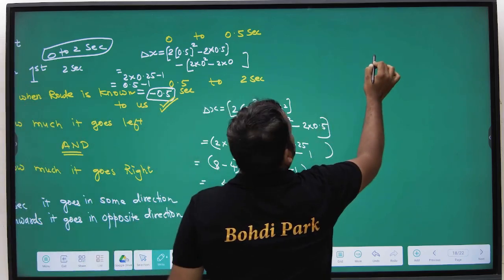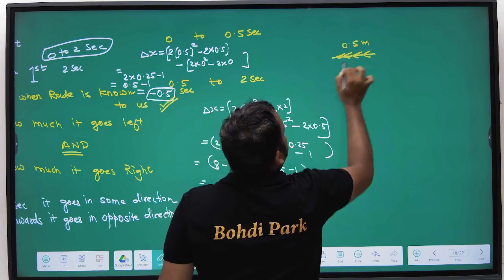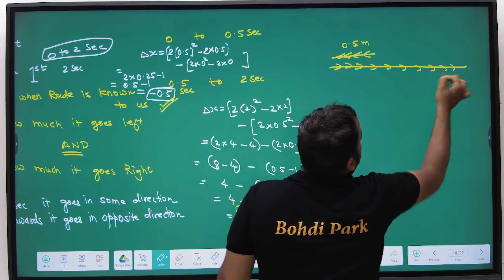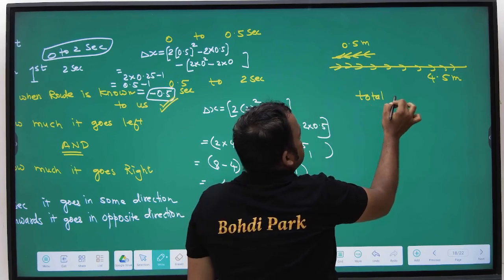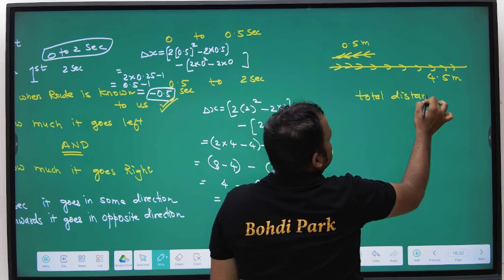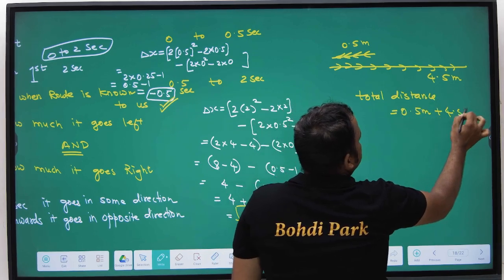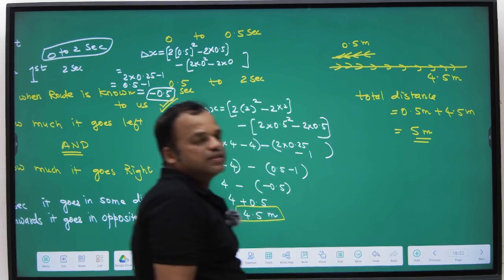Left side it is going 0.5 meter and right side it is going 4.5 meter. So total distance is equal to 0.5 meter plus 4.5 meter, that will be equal to 5 meter. Total distance is 5 meter.